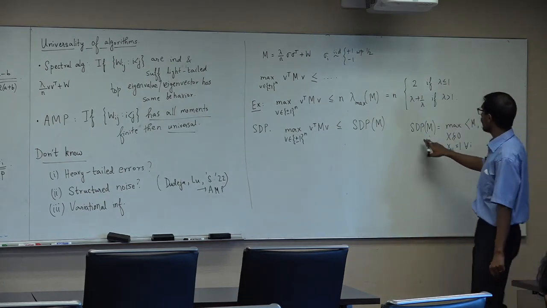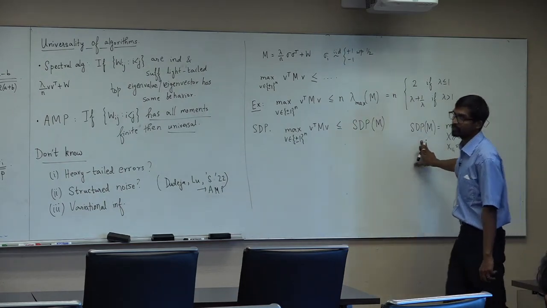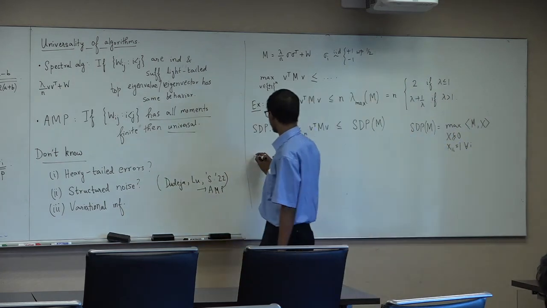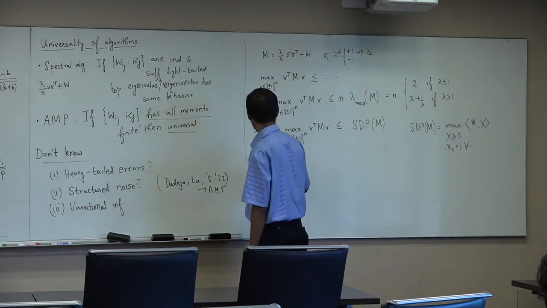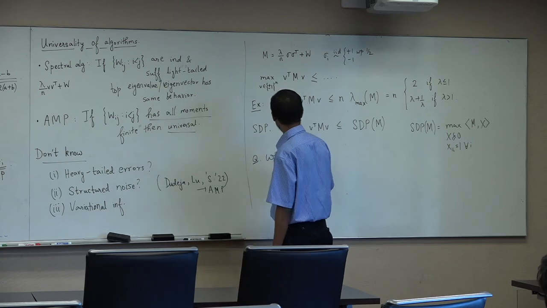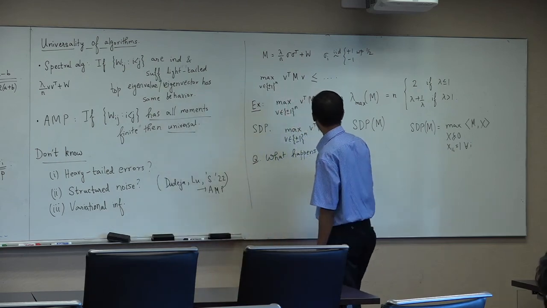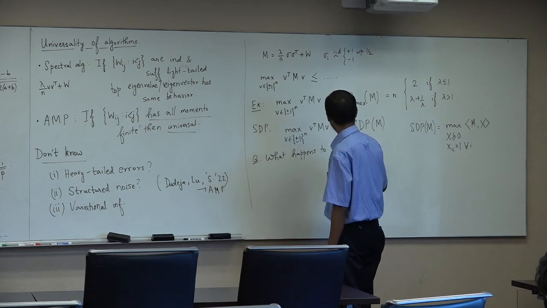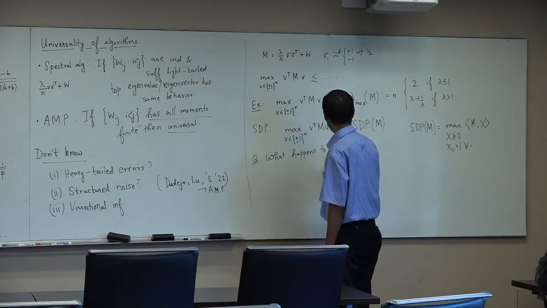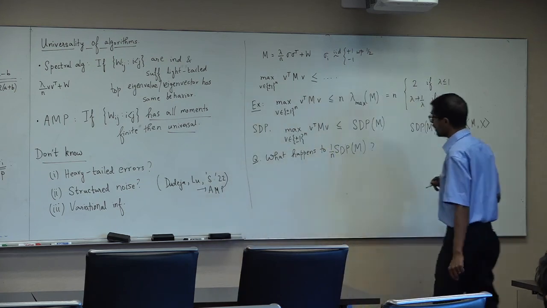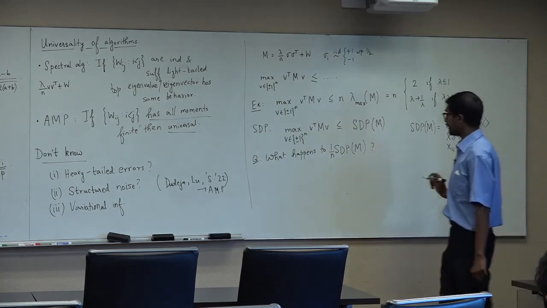My question is, what is the behavior of this SDP value? What happens to SDP of M, let's say 1 over n times SDP of M, because that's the right normalization. So we know something about this.